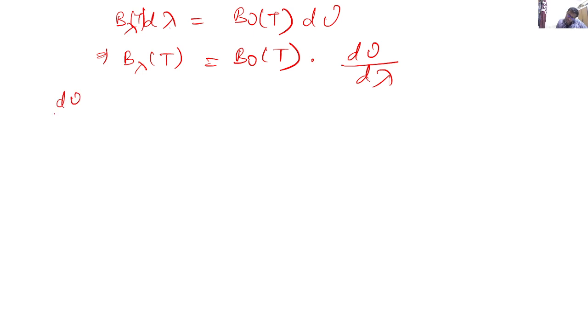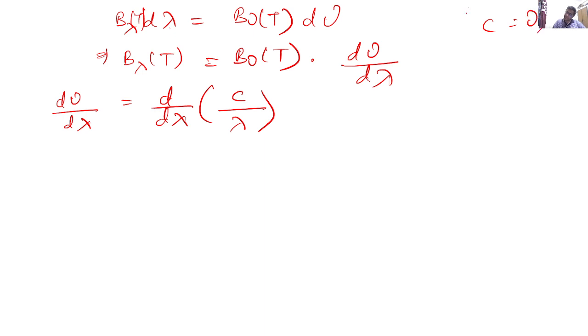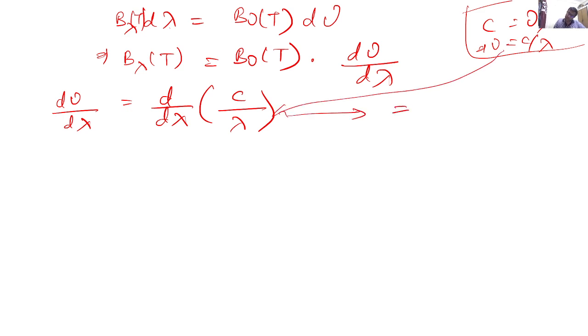Now d nu by d lambda is something which we can find out. It would be equal to d by d lambda of c by lambda, because c is equal to nu lambda, and it's a fundamental thing. So nu can be written as c by lambda, and that is what we substitute here. So this would become equal to minus c by lambda square.